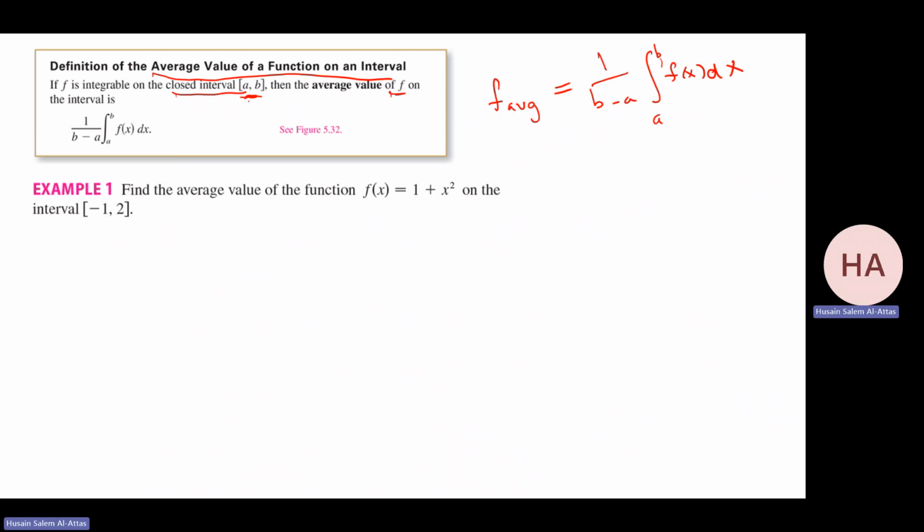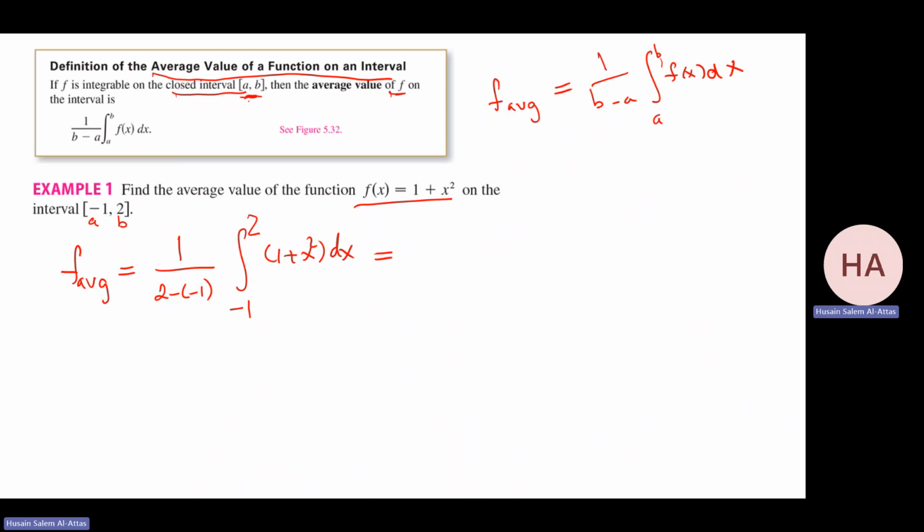Okay, this is not that difficult. We'll just do the calculation. We say f average will be what? 1 over, this is a, and this is b, and this is f of x. So it's 1 over 2 minus 1, b minus a, integral from a to b of this function, 1 plus x squared dx.